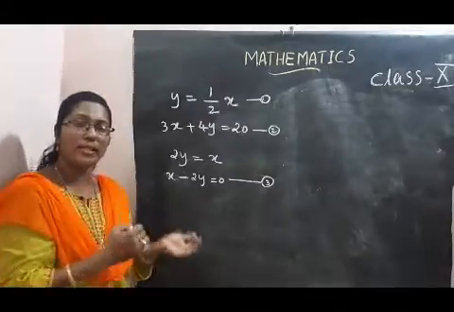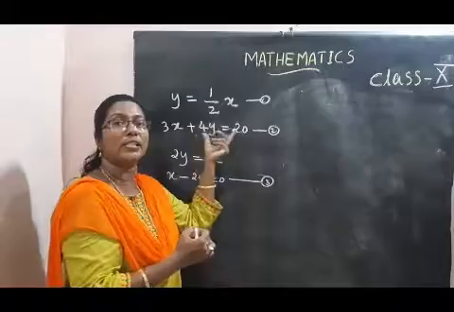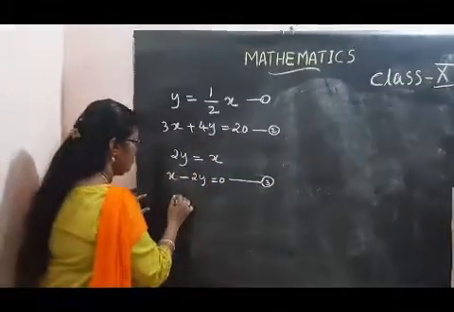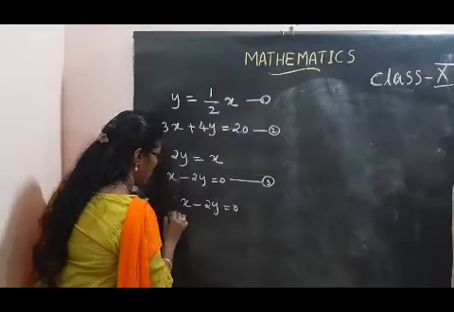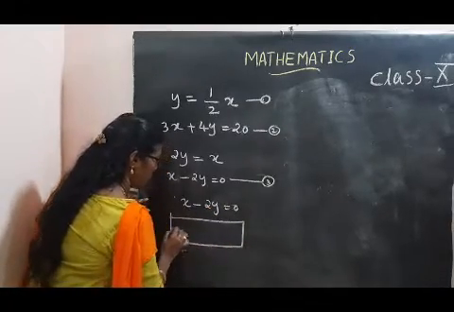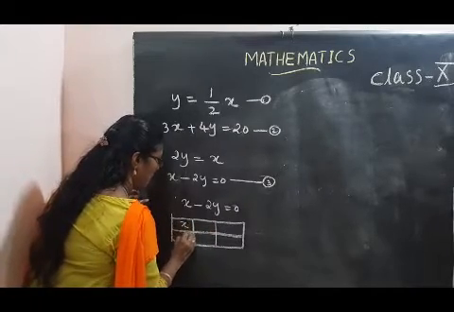Okay, in 9th standard we studied about how to represent the linear equation graphically. First of all, x minus 2y equal to 0. This is x and y.